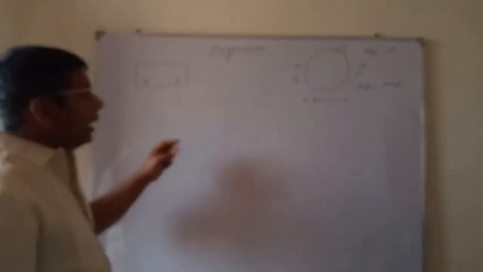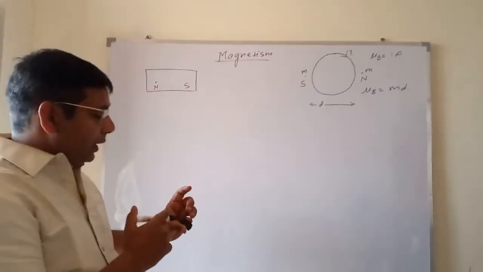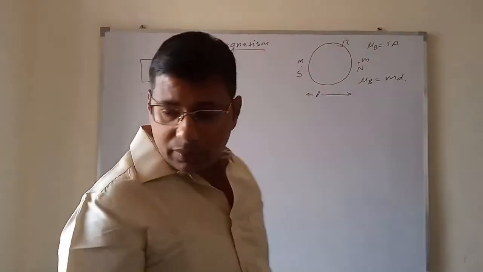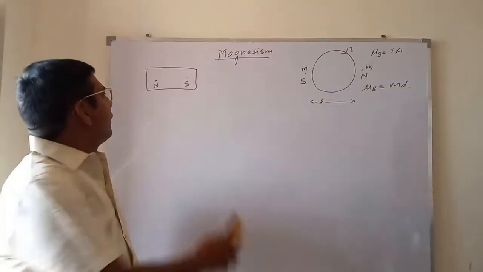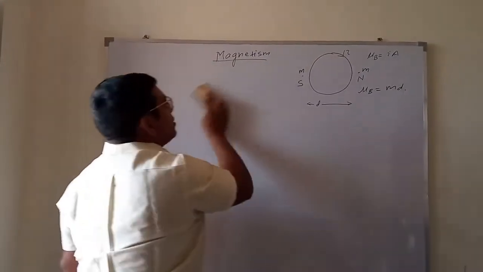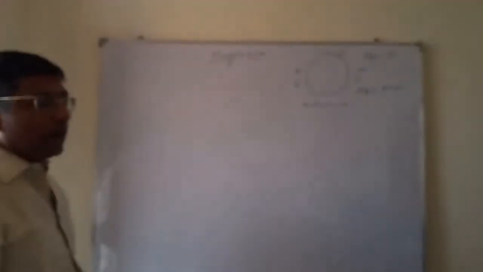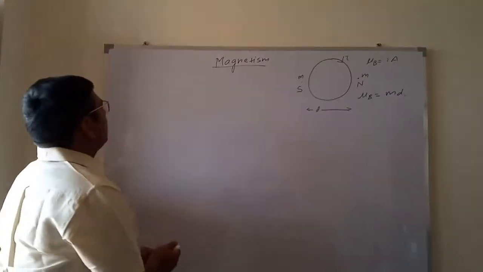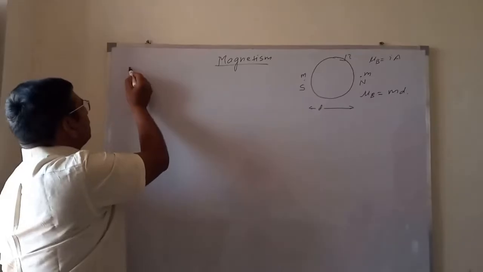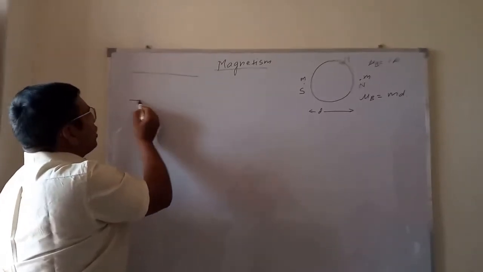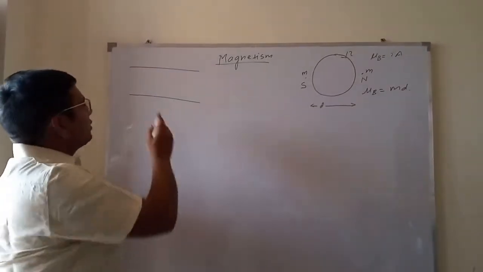Now after this, we will take a solenoid. So what is a solenoid? This is a current carrying solenoid, a cylindrical solenoid.